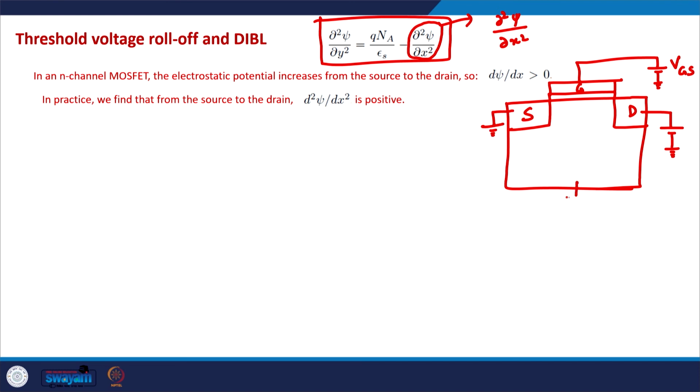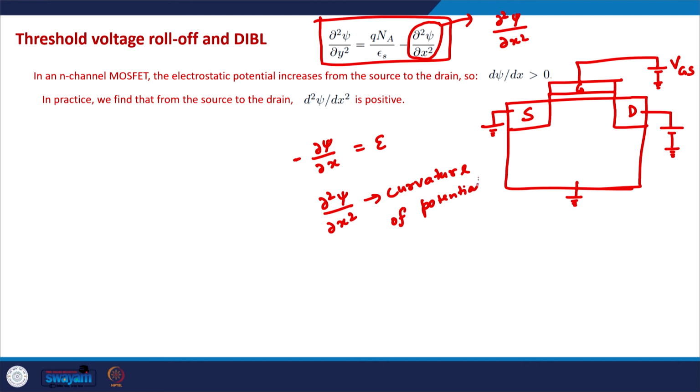The source is assumed to be grounded, the body is also assumed to be grounded. Psi is the electrostatic potential in the semiconductor. The first derivative of psi, del psi by del x, and negative of that is the electric field, and del 2 psi by del x square is the curvature of the potential profile in x direction. So, we need to see what is the curvature of the potential profile in x direction in order to understand this term.